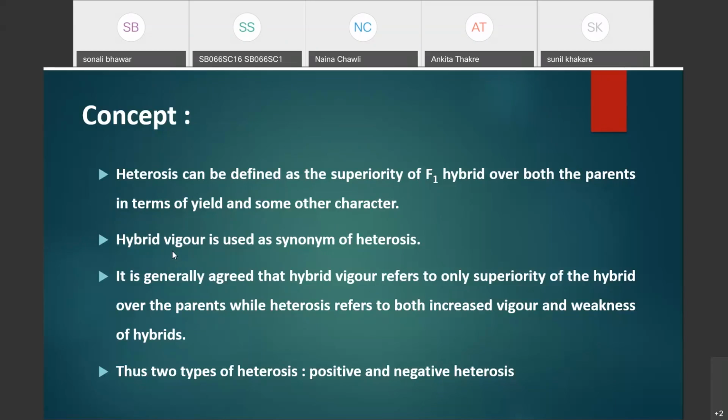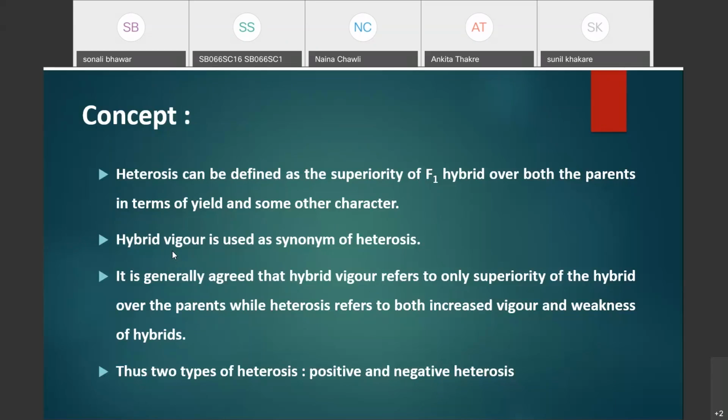It is considered that crossing between two homozygous inbreds may result in either vigorous or weak hybrids when compared with the parental inbreds.